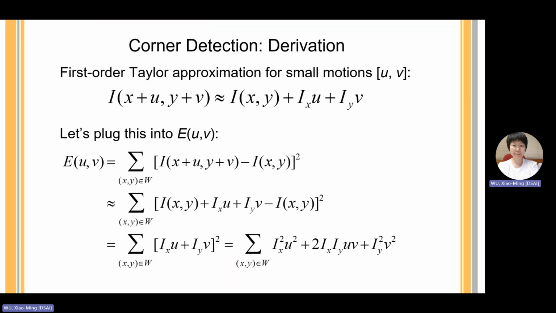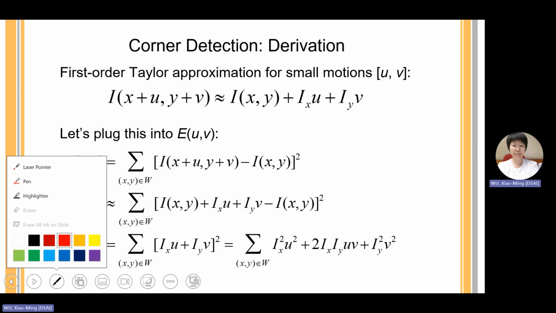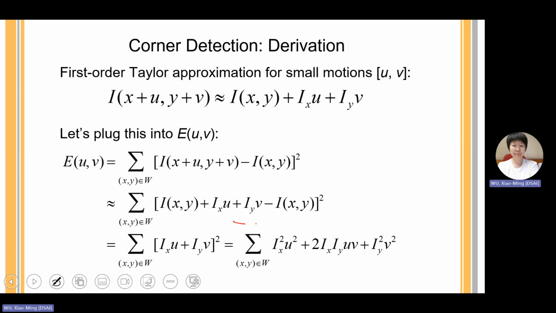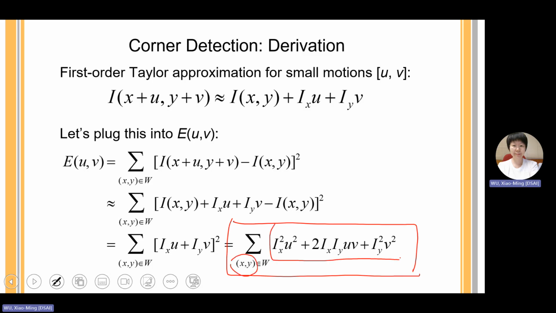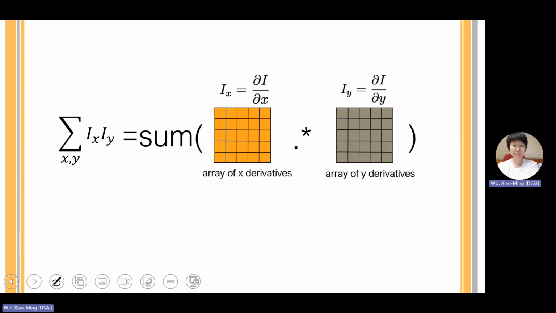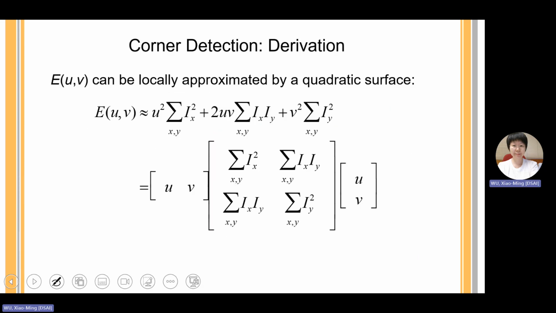So I want to explain how to compute this for every pixel within the window.